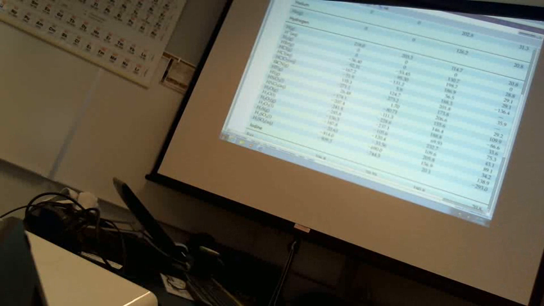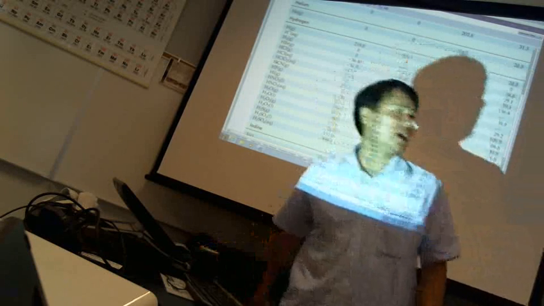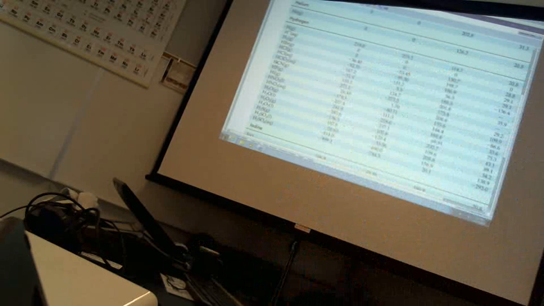So delta H of minus 167.2 is the formation of HCl aqueous from what? From 1/2 H2 gas plus 1/2 Cl2 gas.